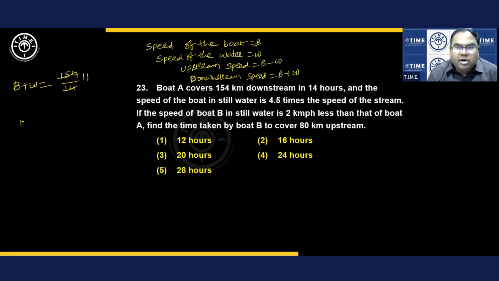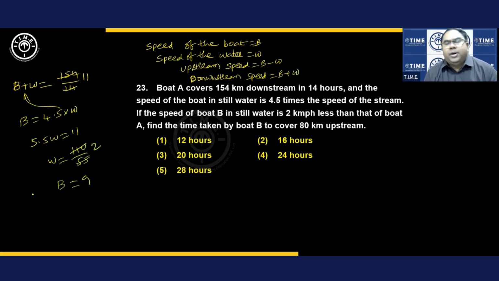Speed of the boat in still water is 4 times the speed of the stream. Okay. Now if I substitute here 4.5 W, so it is 5.5 W is 11. W is equal to 110 by 55, 2. If W is 2, what is my B? 4.5 W. 4.5 into 2 is 9.